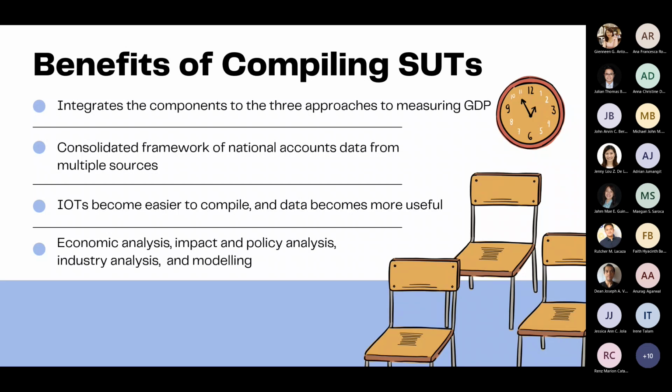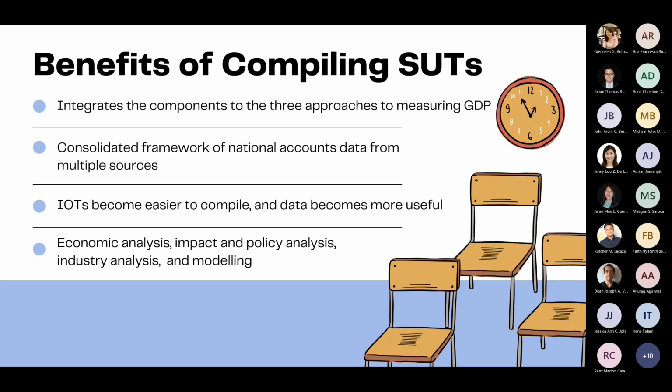And finally, with an SUT, we are able to perform many types of analysis outside of our IoTs. So we can do economic analysis, impact and policy analysis, such as seeing the impact of specific economic crises and other types of shocks on the structure of production or consumption within an economy, if we study SUTs across time.